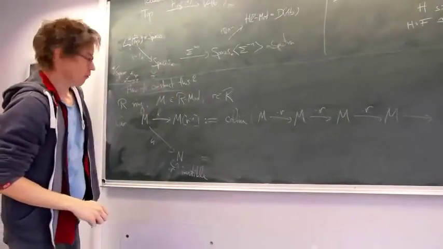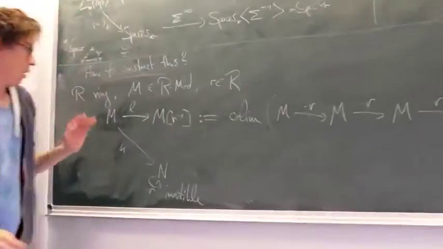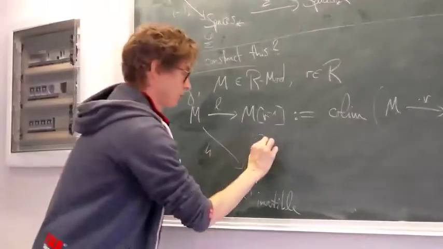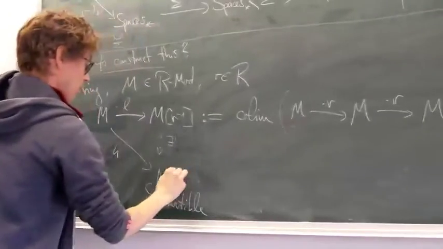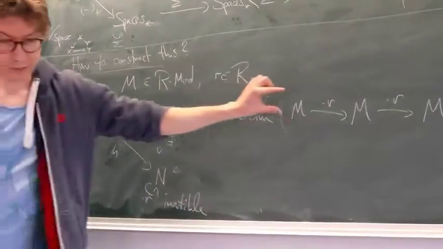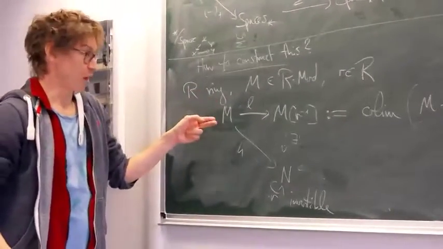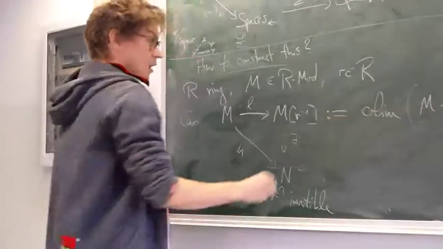Well, how do I do this then? I then need to map from here, right? And I just take my M here. So what's the map from M to its localization? It's just insertion in this first part here.